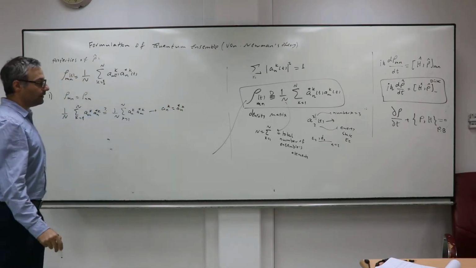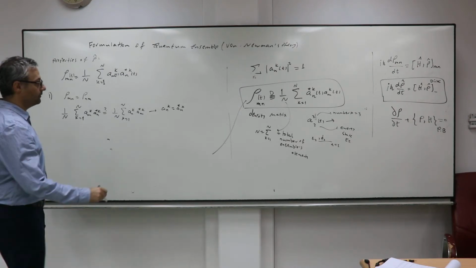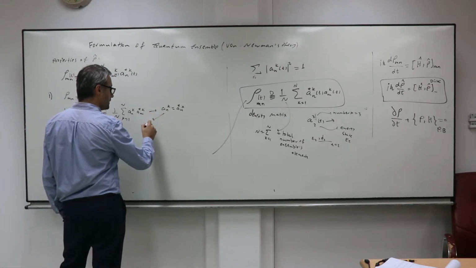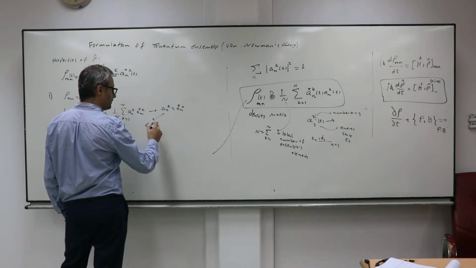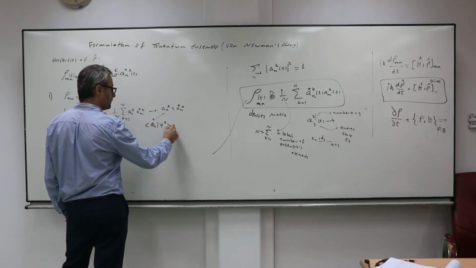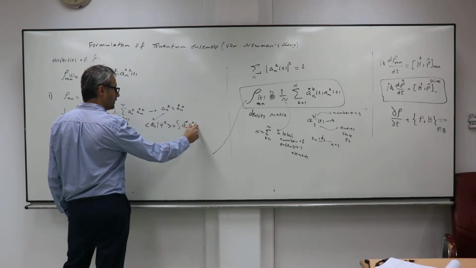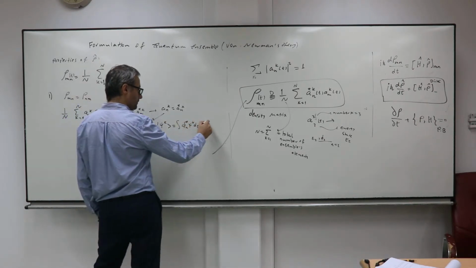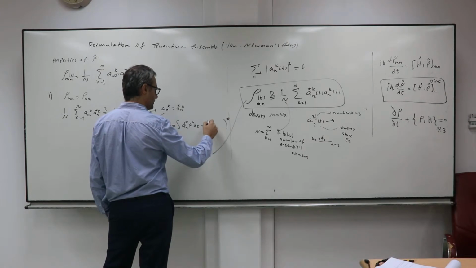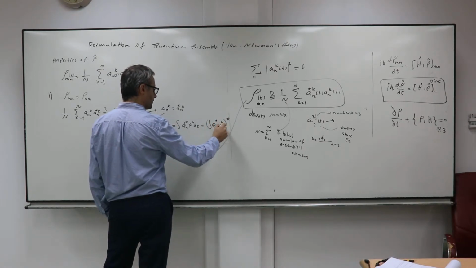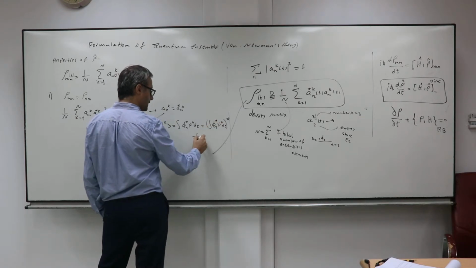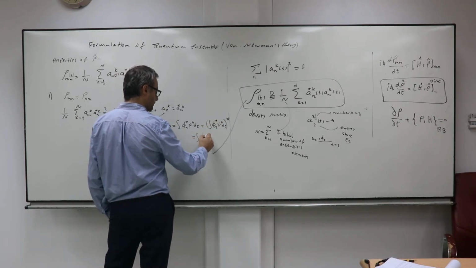So what does it mean? What is a_n^χ? a_n^χ was the inner product of phi_n and psi^χ. If you want, we can write in this notation of the bra-ket, and you can set the star inside.